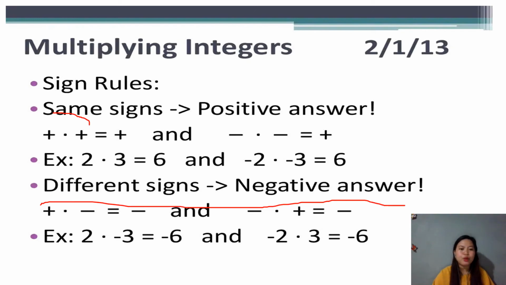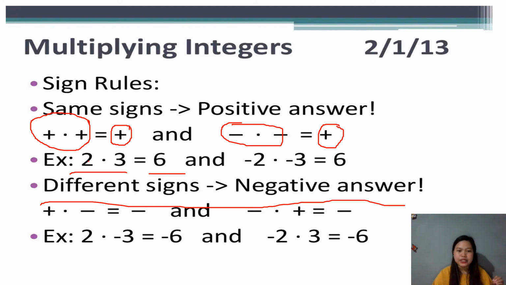So like, for example, positive times positive, the answer is positive. Negative times negative, the answer is positive. Like for example, 2 times 3, that is 6. Negative 2 times negative 3, that is positive 6.